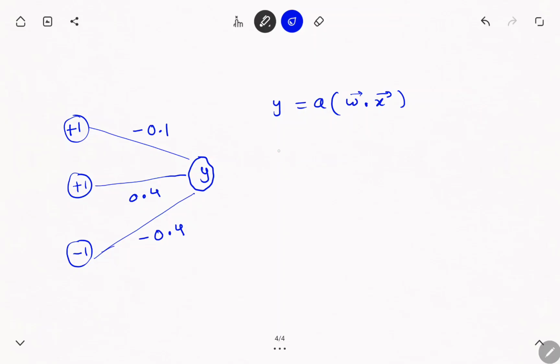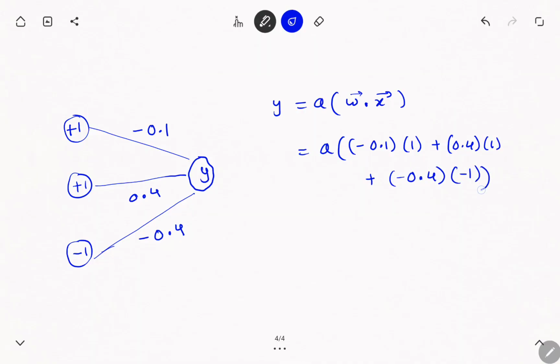So in this case it is -0.1 into 1 plus 0.4 into 1 plus -0.4 into -1. If you calculate this, 0.4 plus 0.4 will be 0.8, minus 0.1 is 0.7. Because 0.7 is greater than 0, the output will be 1. So these were the basics of the perceptron.